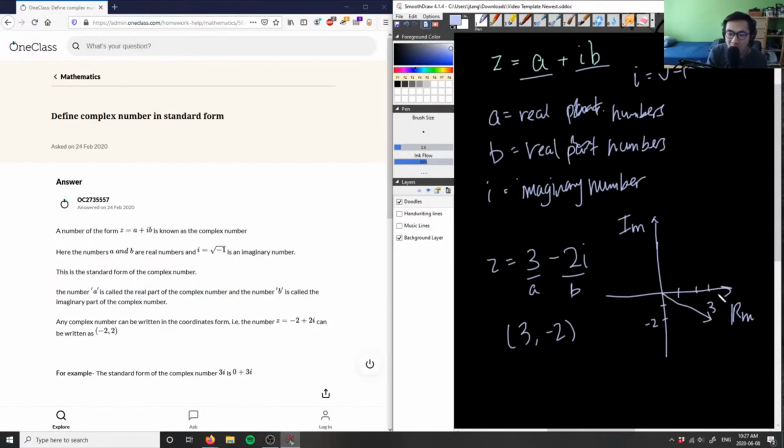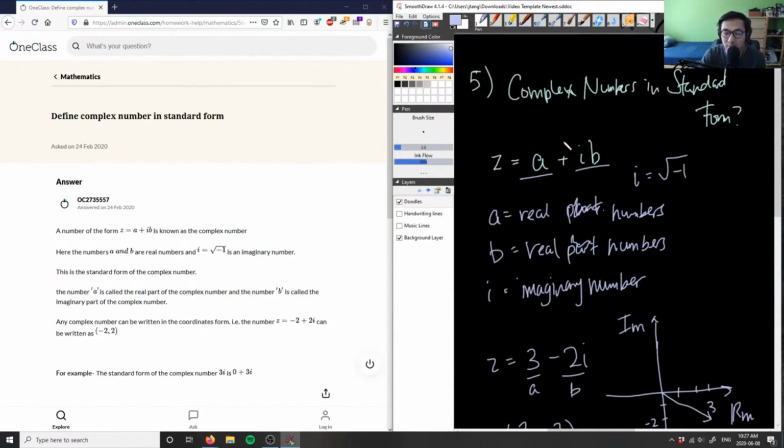It would be a vector going 3 to the right along the real axis, and then 2 down in the imaginary direction. So z equals 3 minus 2i here would be considered a standard form of a complex number.